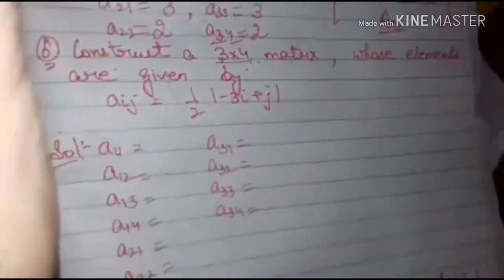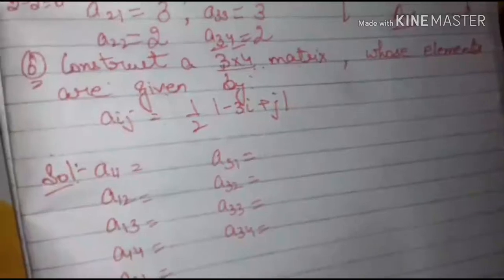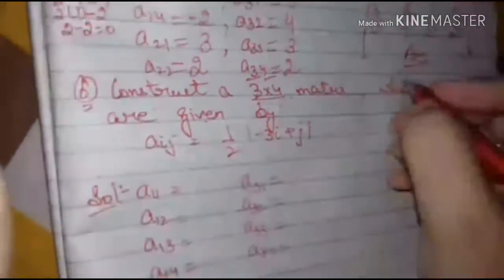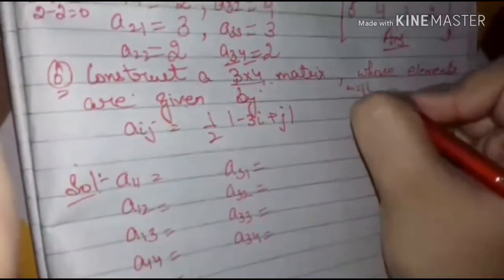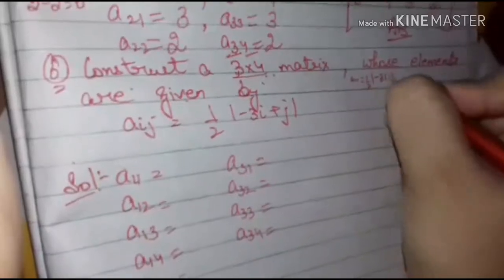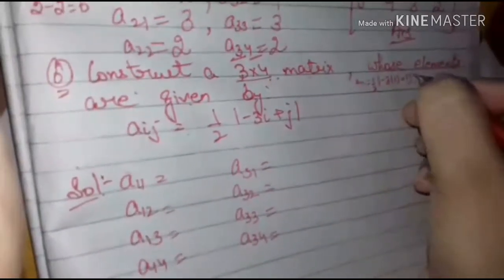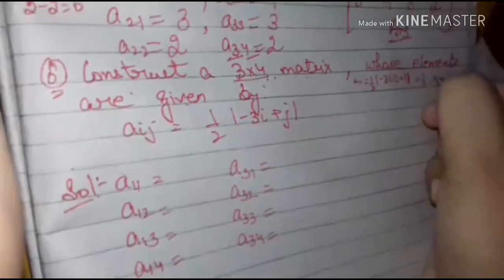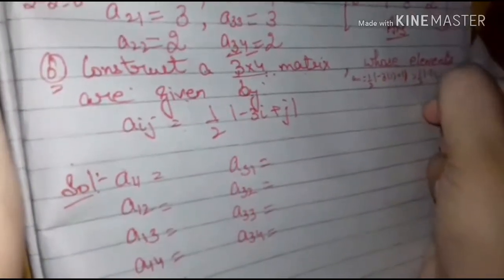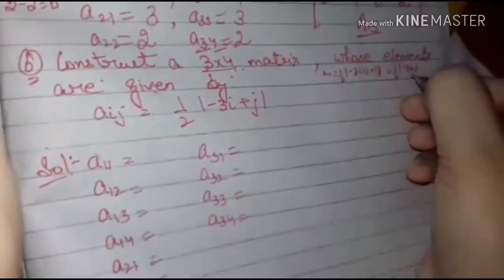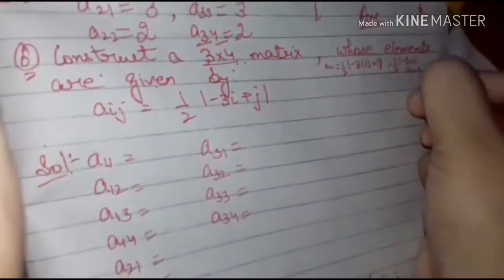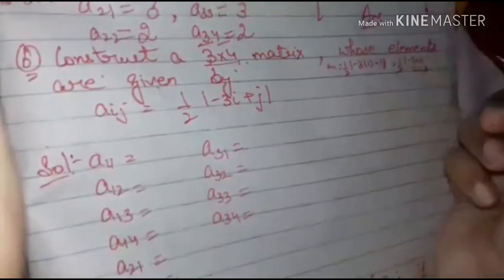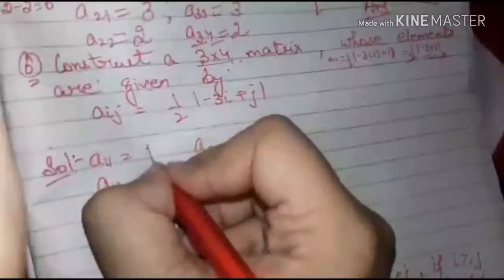Firstly, we have to put i equal to 1 and j equal to 1. What will be A11? 1 by 2 mod of minus 3 into 1 plus 1, that is 1 by 2 mod of minus 3 plus 1, that will be minus 2, and when we solve the mod this will be 2, and 1 by 2 into 2, this will be 1, the answer.